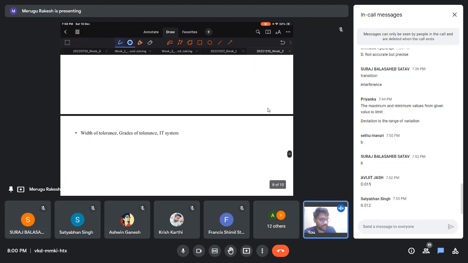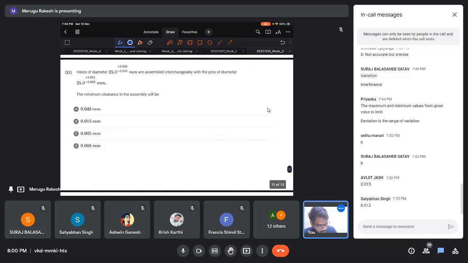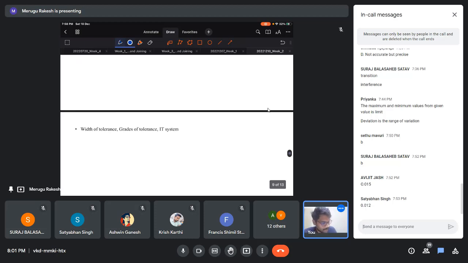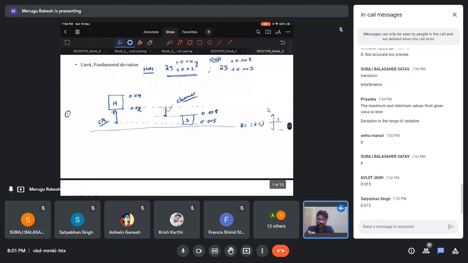But what are they asking in the question? The minimum clearance in the assembly. So when does the minimum clearance come? When both have the maximum material limit. When the tolerance zones never meet, sir.